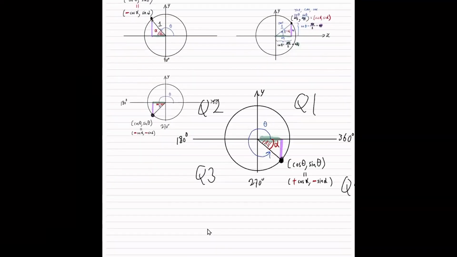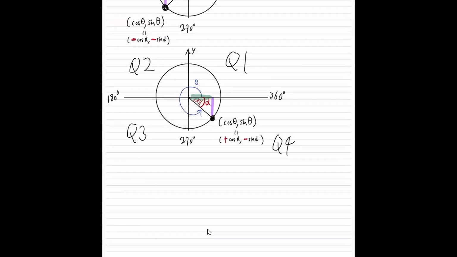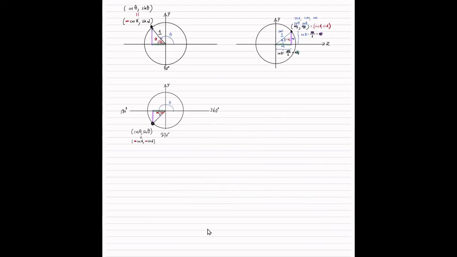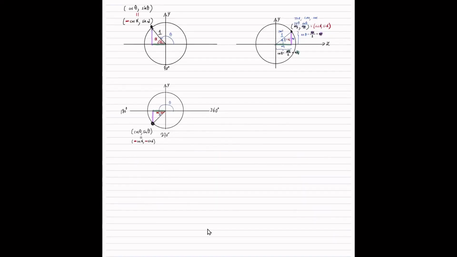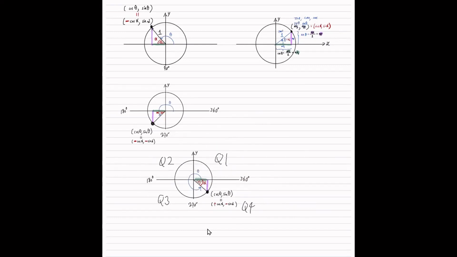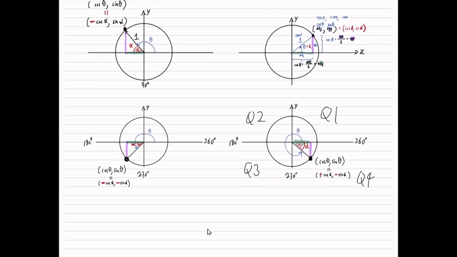Paste it here, shrink it. Copy, paste it, shrink it down. Move it over here. So now we are combining all four onto one page.